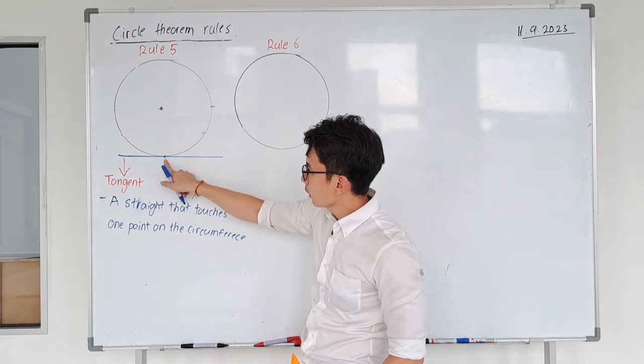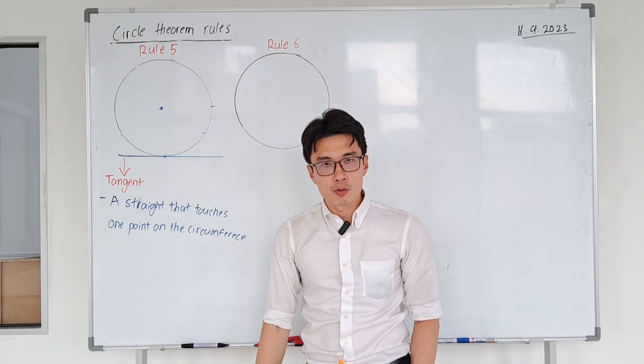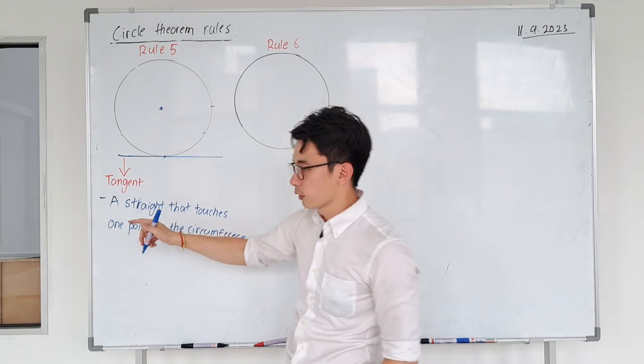So you can see this line is a straight line that touches one point on the circumference of a circle. So that's part one of a tangent.